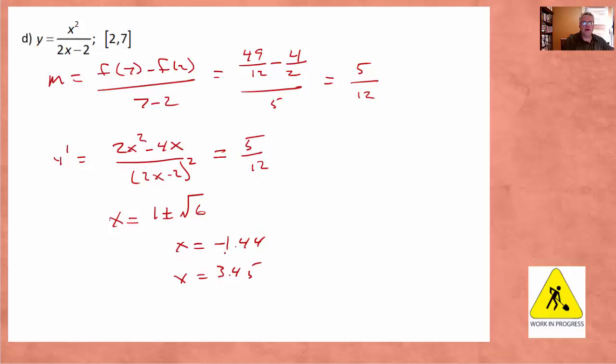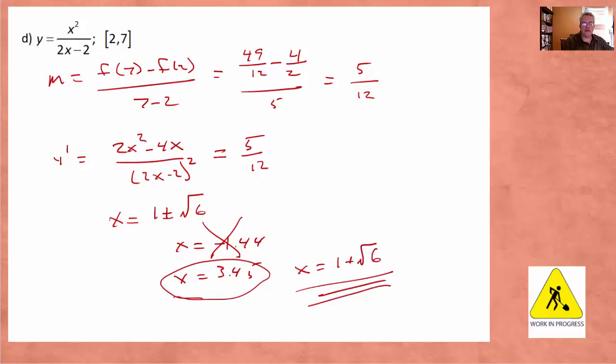Now, negative 1.44 is not in our interval, so we're not interested in it. We're only interested in points in the interval, so this one is the point in the interval. In fact, I'm going to go back and write it in its exact form: 1 plus the square root of 6.